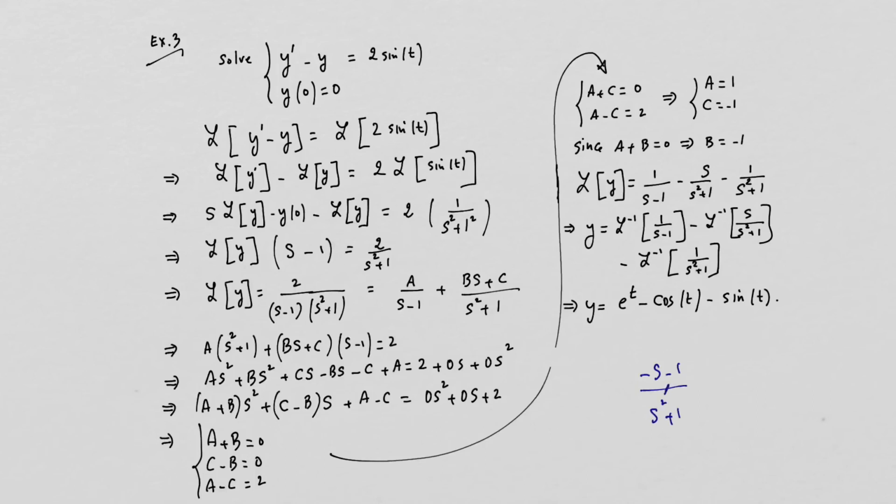I split it, so I wrote negative s over s squared plus 1 plus negative 1 over s squared plus 1. But I didn't like to have a plus, so I just put minus, because plus minus is a minus, okay?